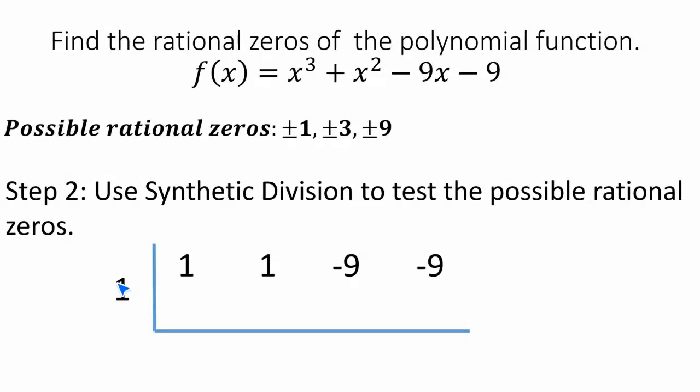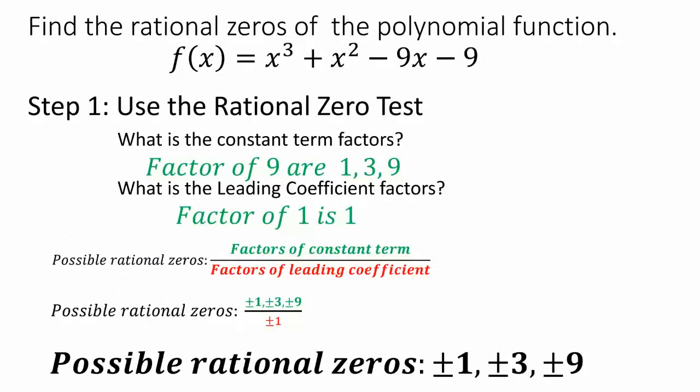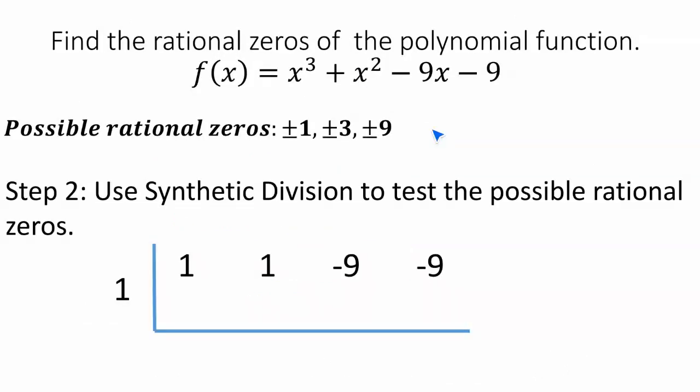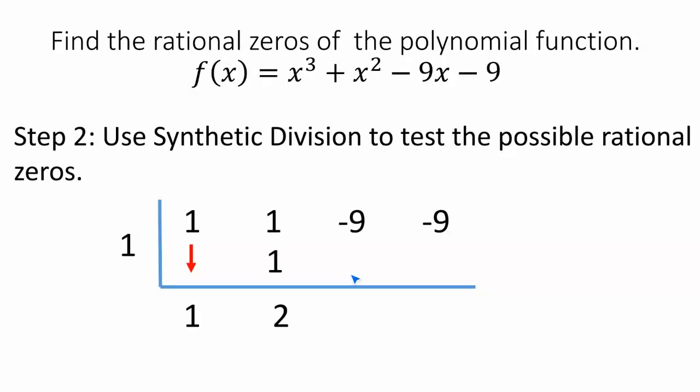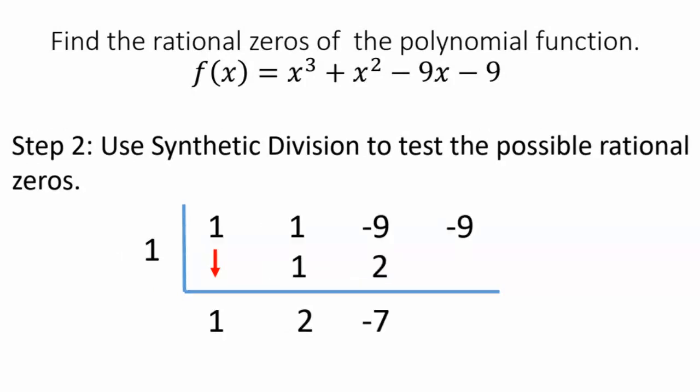So here I'm going to set it up. So 1 is coming from this possible list. All right, so then we have x cubed, I'm going to write the 1. And then we have x squared is 1. X has a -9, and then we have a -9. So we apply the synthetic division, bring down the 1. 1 times 1 is 1, 1 plus 1 is 2. And then 2 times 1 is 2, plus -9 is -7.